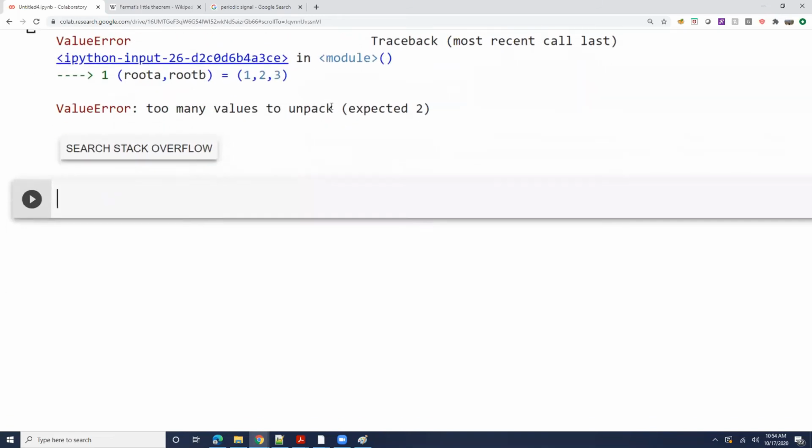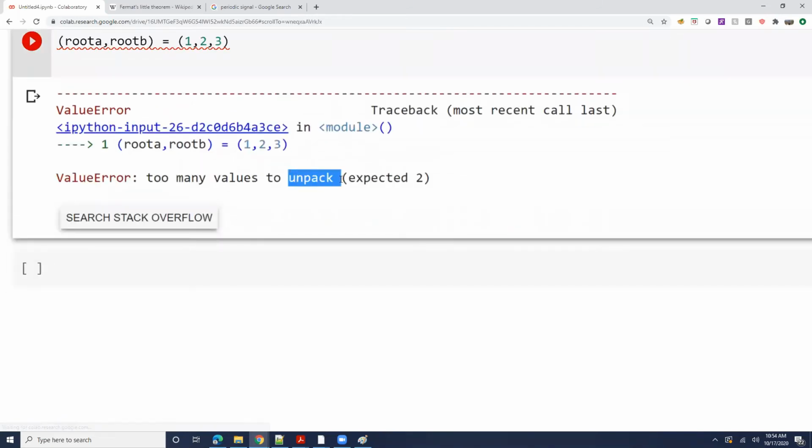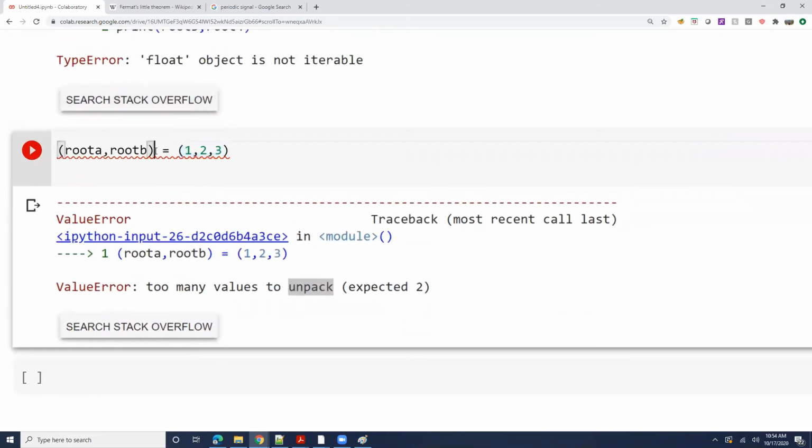So what's happening is really called unpacking. It's almost like you're going on a trip. You first packed your stuff. Now when you're unpacking, you're trying to stuff the items you packed into your suitcase or into your bag into a lesser number of values. So there is not enough place to put it. Hence you get an error.